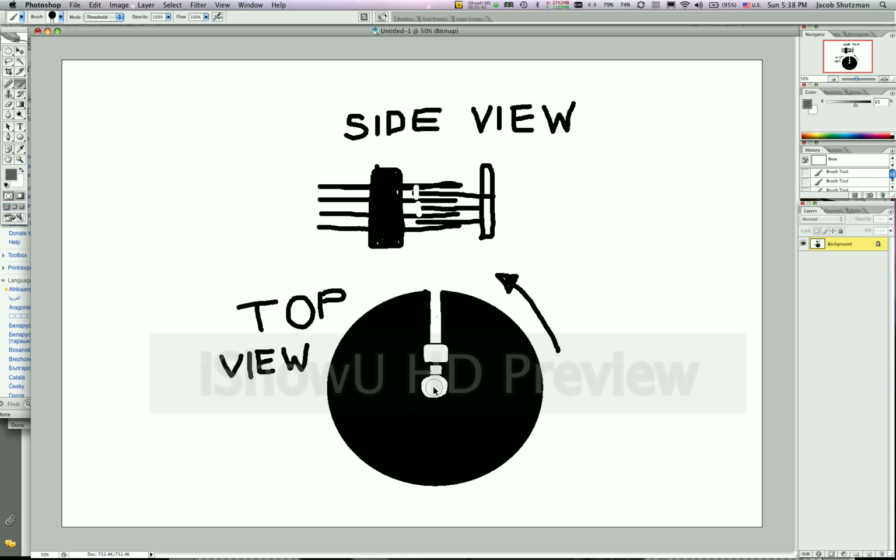This in the center is called the spindle, and this is what the platter is spinning around. There is a motor behind that disk, and the motor spins the platter, and that's how the disk spins around.